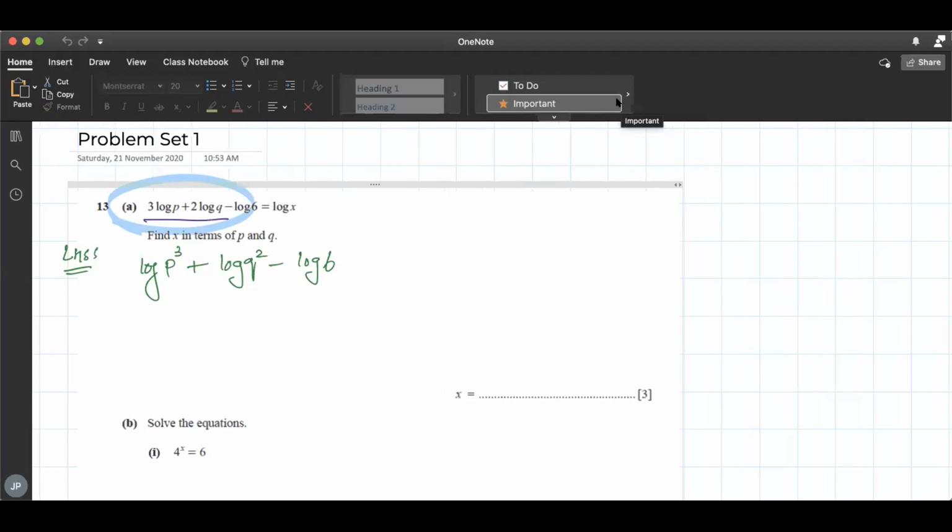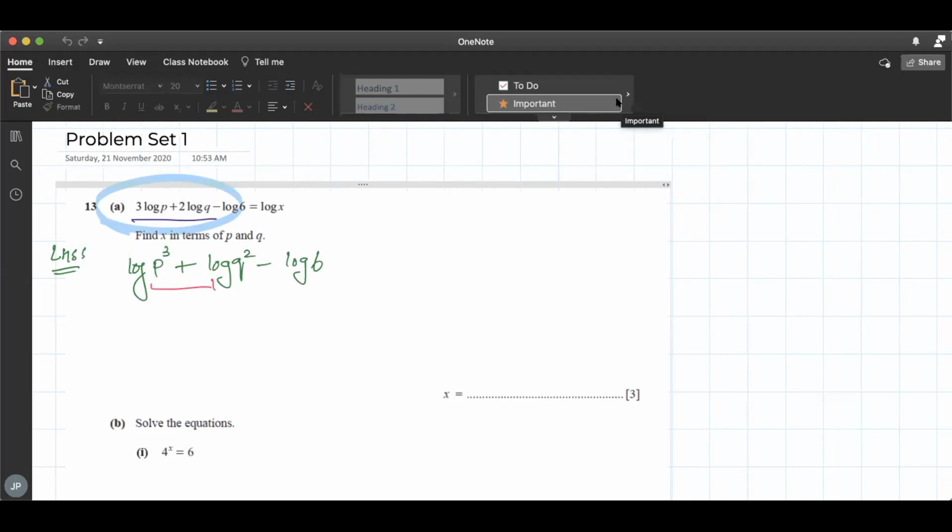Now, if you combine these two using another rule, which is the product rule, you can say that is log of p cubed times q squared, minus log of 6. Now, if you use still the other rule, which combines these two using the quotient rule, you can say that is log of p cubed q squared over 6.